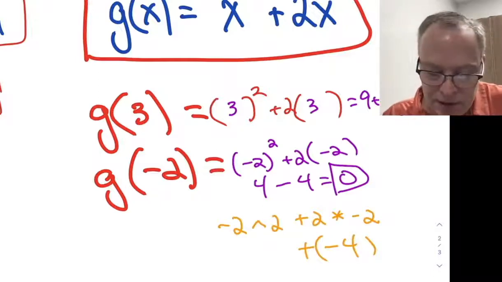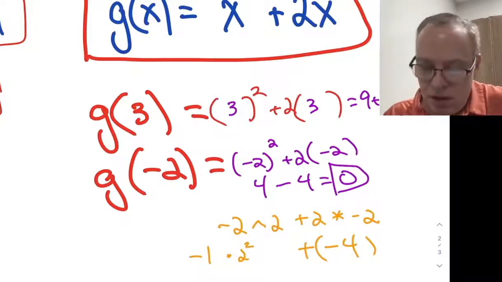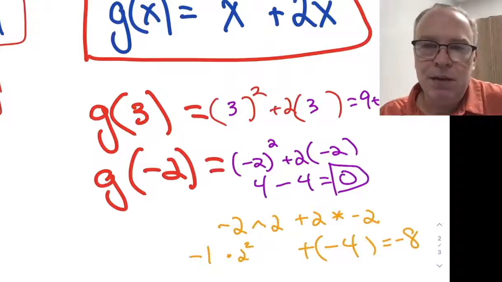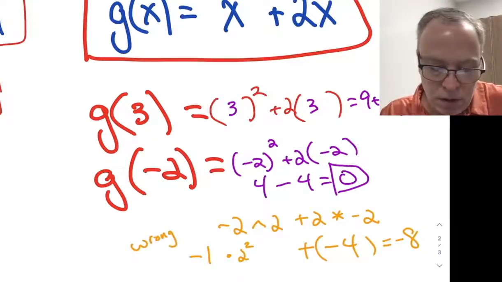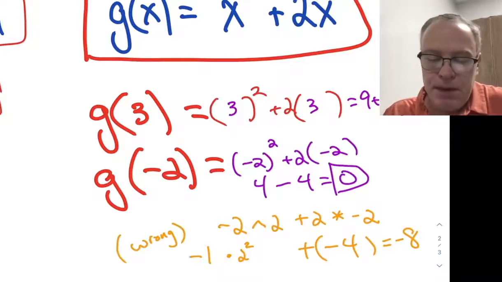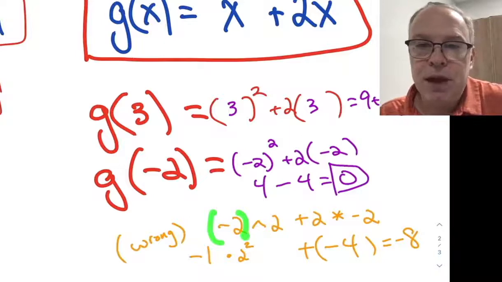But your calculator will actually do negative 1 times 2 squared, which would be negative 4. So your calculator will say negative 8 if you type it in wrong. Okay, this was wrong because it really needed parentheses around here.